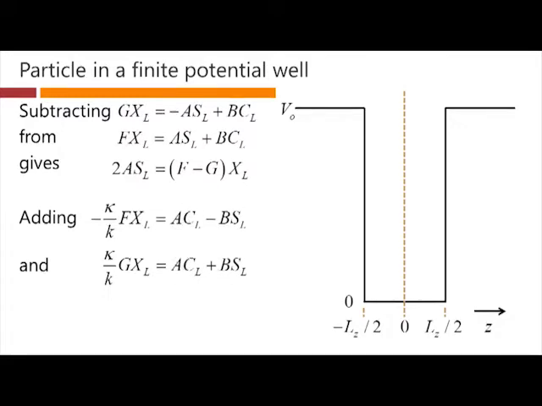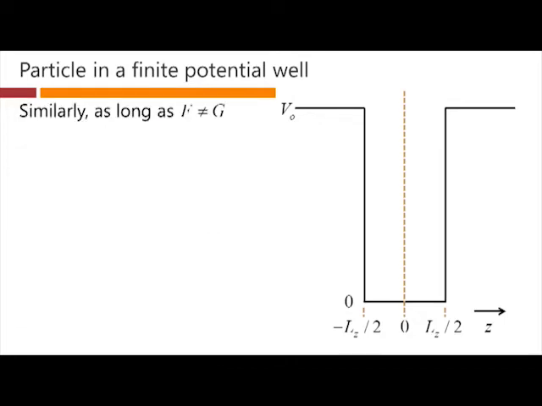I'm going to end up with 2 of those. So there's my 2A cos KL on the left, and adding these two gives me minus kappa over k, f minus g times xL.